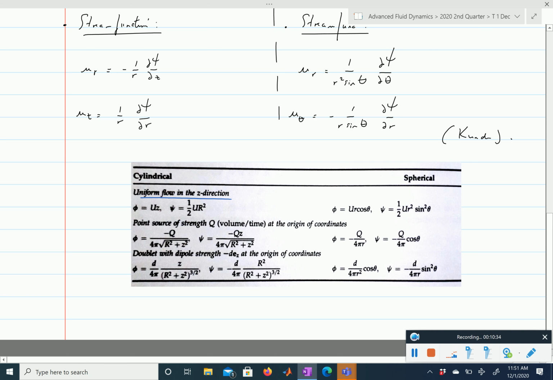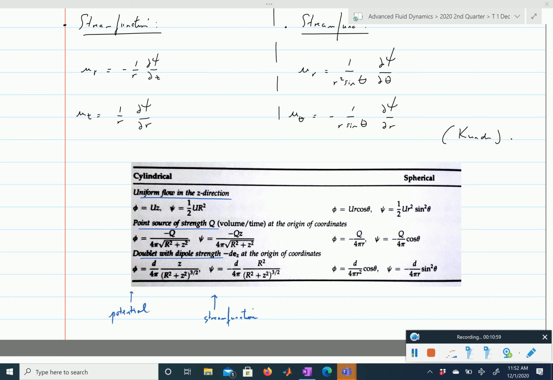You have the point source of strength Q, or it could be a point sink if Q was negative. And you have a dipole, right? And we have a dipole along the z direction here. Phi is the potential. Psi is the stream function.